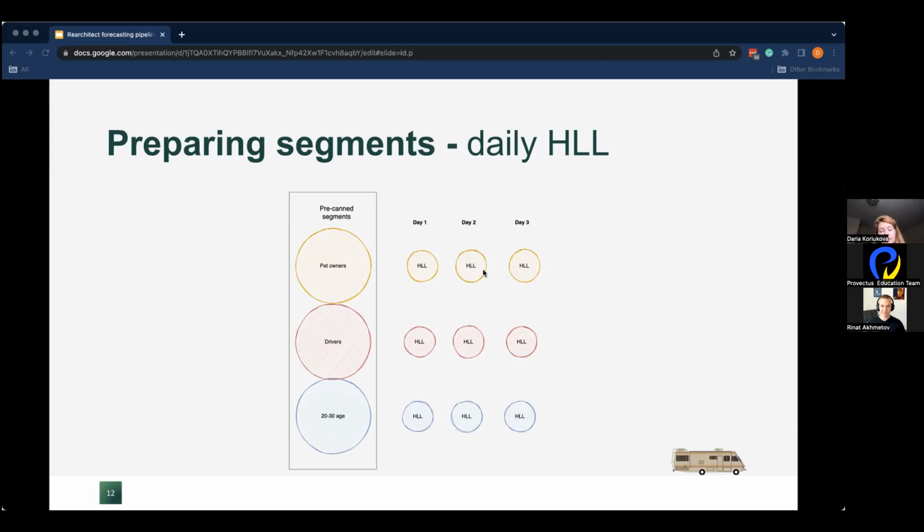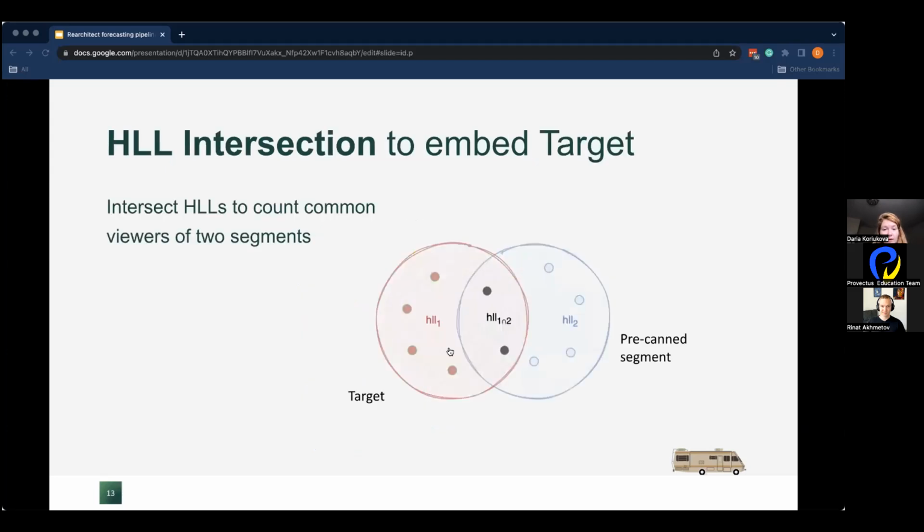And we store this history in S3 so that we can use it in future with our target segment. But the second big question is how exactly do we use this HLL of precanned segments with the target?